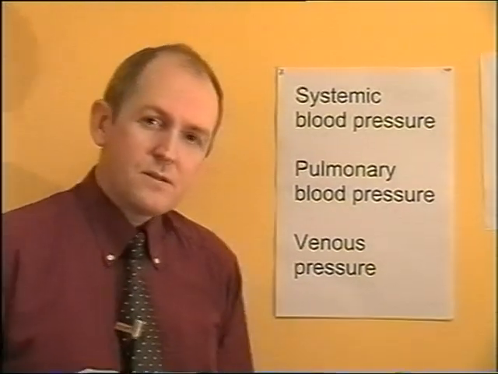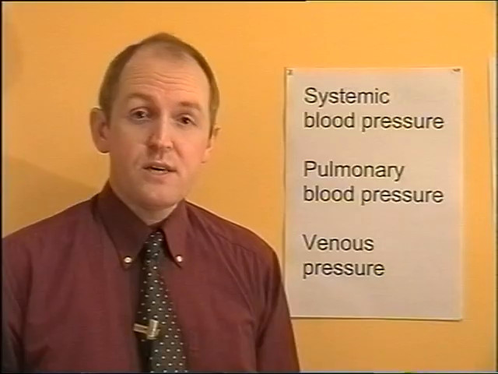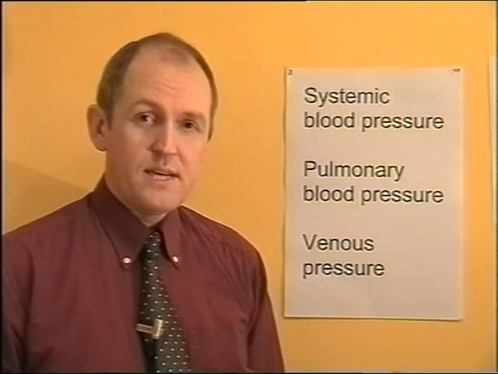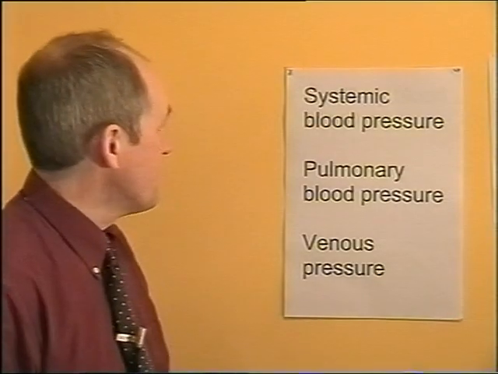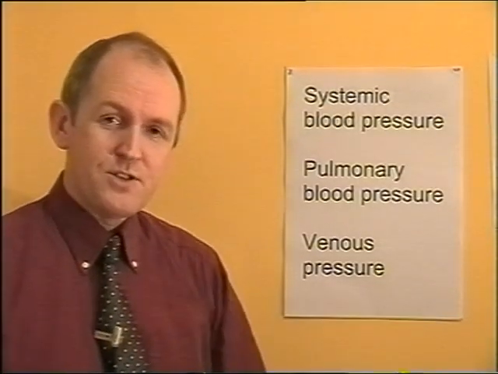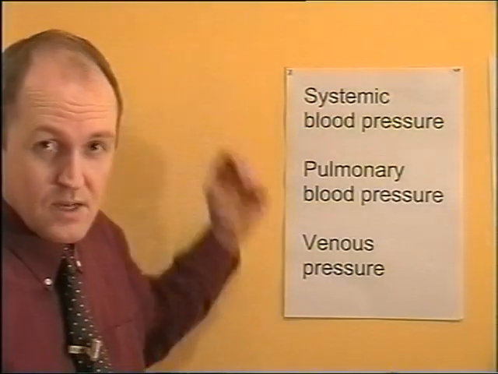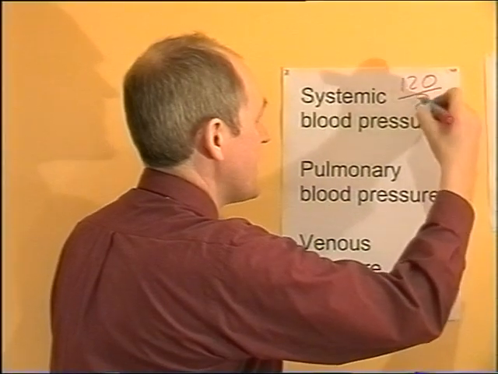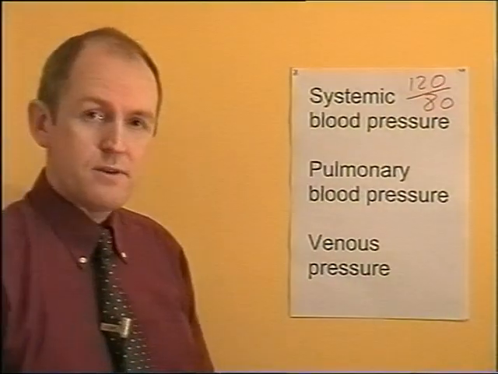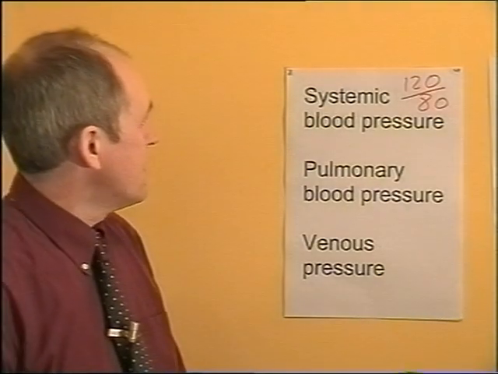Now, I mentioned that when we're talking about blood pressure, we mean normally the pressure in the systemic arterial system. But there's a few other blood pressures I'm just going to mention now to save confusion. So systemic blood pressure, normally about 120 over 80 millimeters of mercury, the pressure in an adult systemic arterial system.